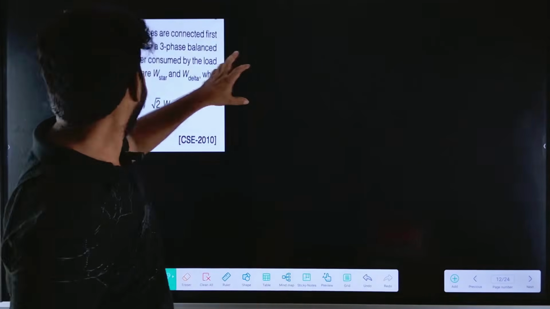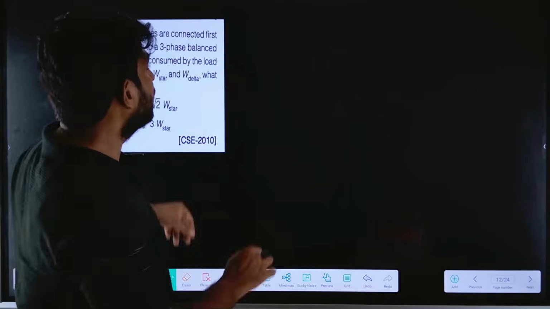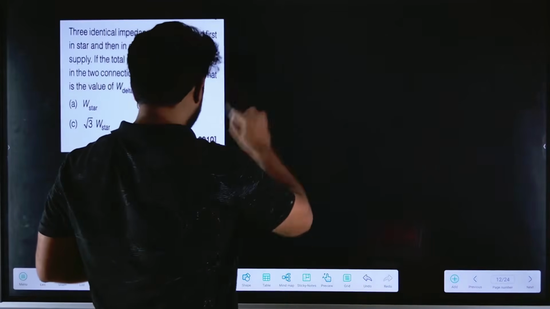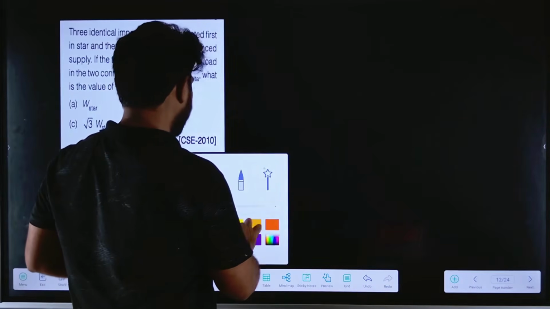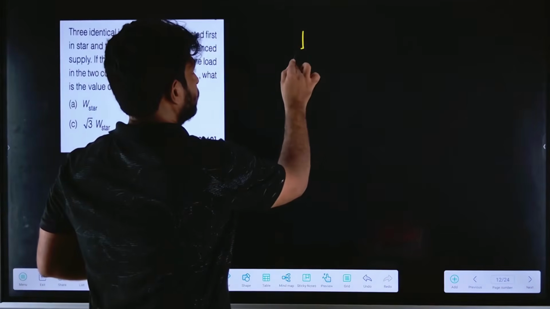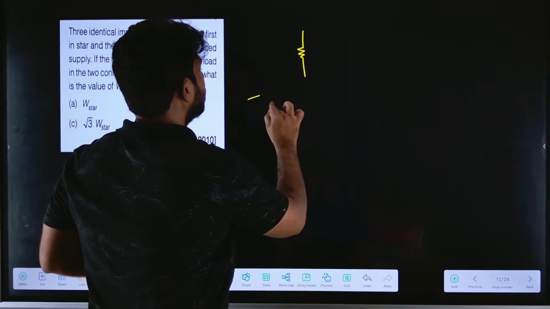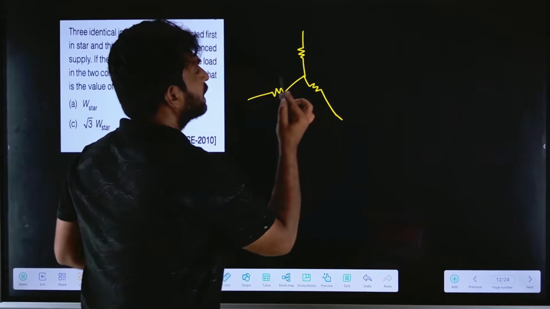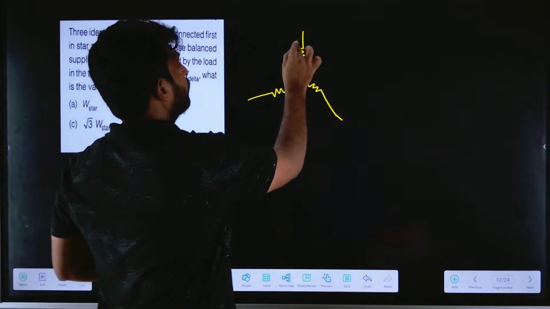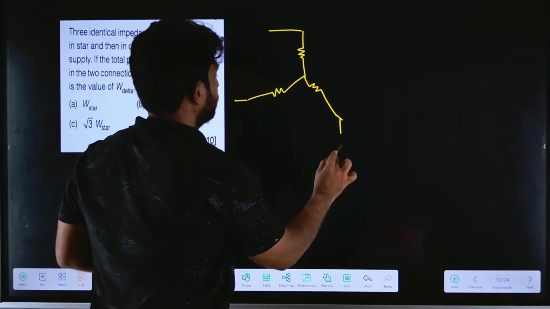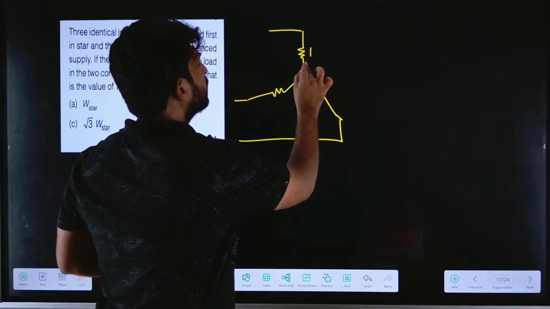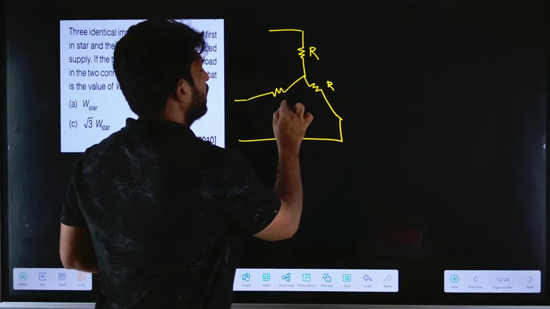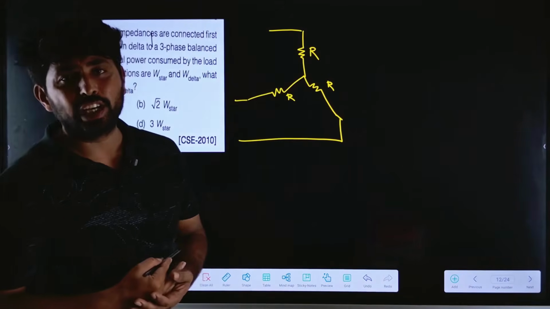First they are connected in the star connection. I will represent impedance in this type. Let me call this R.